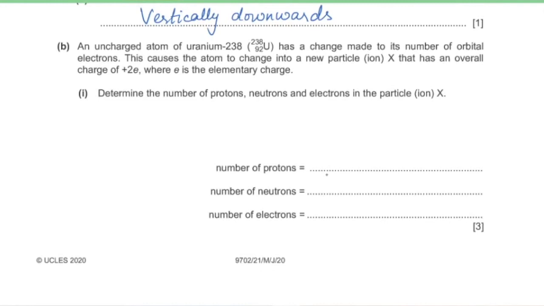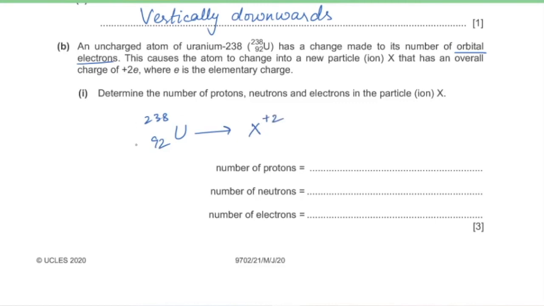Part B. An uncharged atom of uranium-238 has a change made to its number of orbital electrons. So the change is only in orbital electrons. This causes the atom to change into a new particle that has an overall charge of plus 2e, where e is the elementary charge. Part 1. Determine the number of protons, neutrons, and electrons in the particle X. So uranium-238 changes to some X ion, which has a total charge of plus 2.